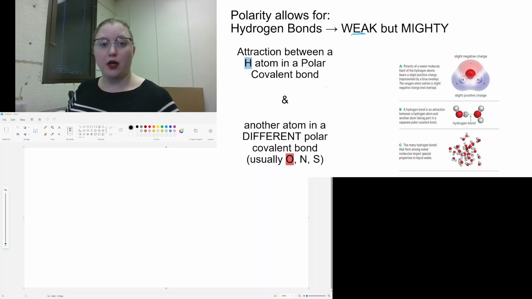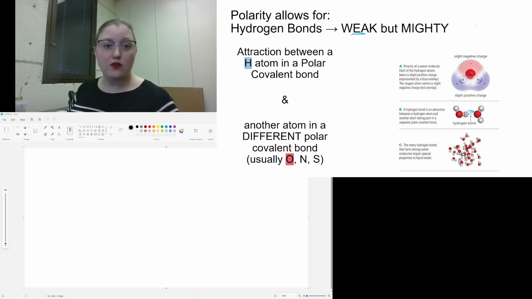A hydrogen bond is when the partially positive side of this water molecule, near this hydrogen, wants to go hang out with the negative side of a different water molecule. We can see here, this dotted line is a hydrogen bond.